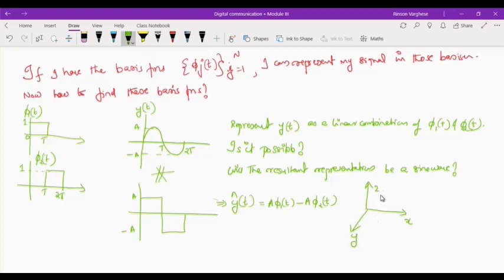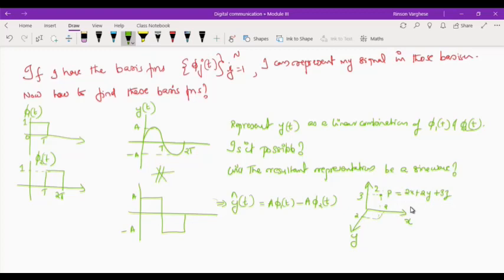Now assume a point here, and let it be 3z, 2x and 2y. So this point P is equal to 2x plus 2y plus 3z.